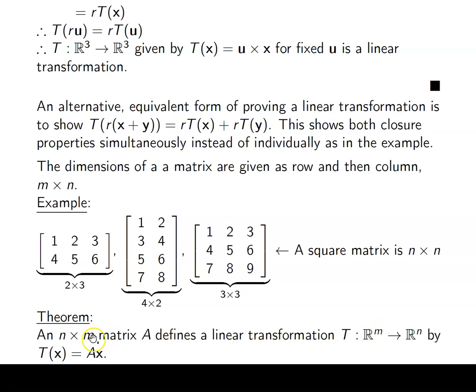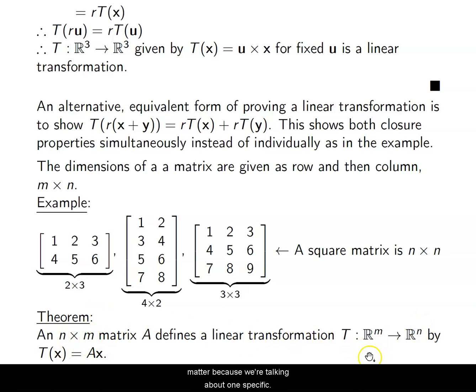So your rows and columns versus the order of your transformation is reversed. Think about it: if this is your number of rows, that's the number of elements in your end result. So the first one for the dimensions is the last thing, or the size of your range. Just remember that they're reversed.